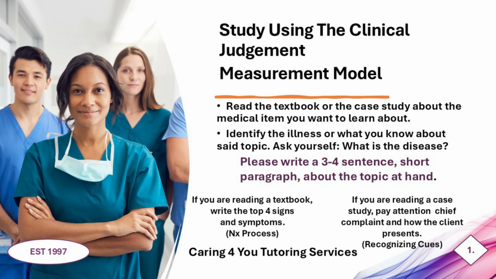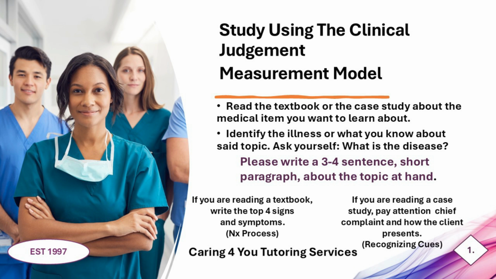Write that illness or topic down and ask yourself, what is the disease? Or what am I trying to learn? What is it that I am looking at? Okay, think about that. I want you to write just 2 or 3 sentences. Just write a short paragraph about what the illness is or what the topic is that you need to learn.